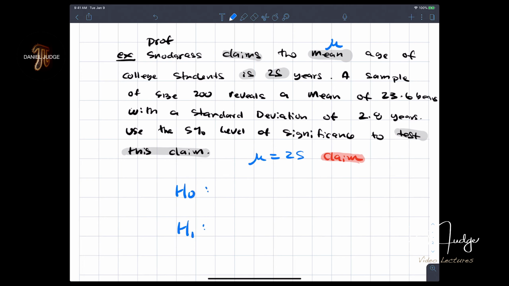Is that a null hypothesis or an alternate hypothesis?